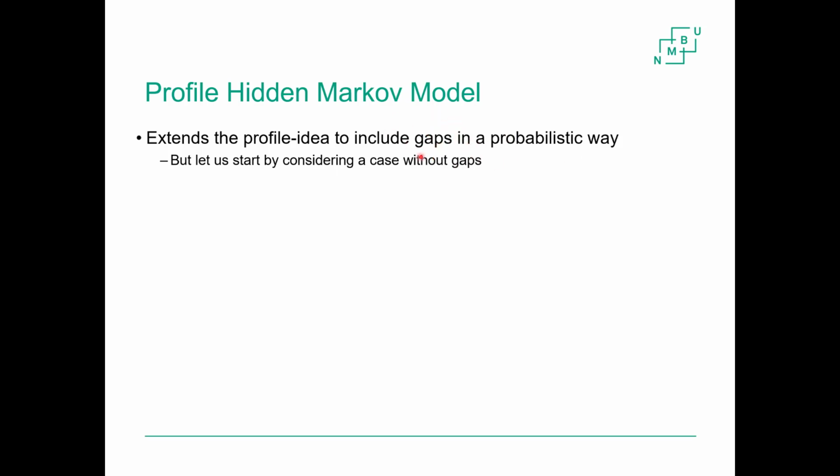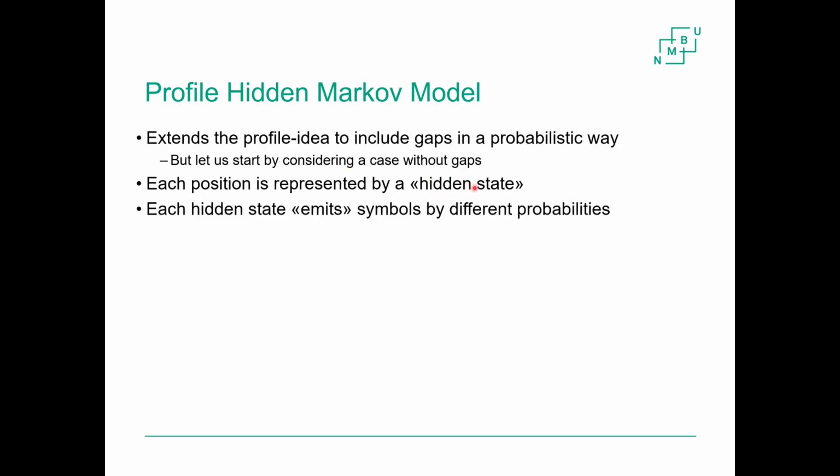And that's the big advantage of hidden Markov models. We can introduce these gaps in a very elegant and nice way using probabilities. So let's start out by considering a case without gaps, because that's the easiest way of describing a hidden Markov model. Each position in the pattern is represented by what we call a hidden state.